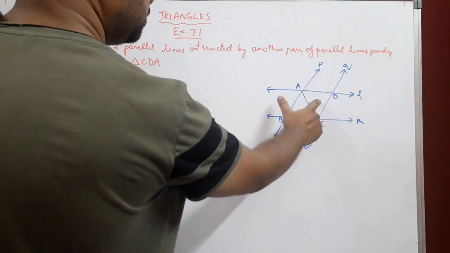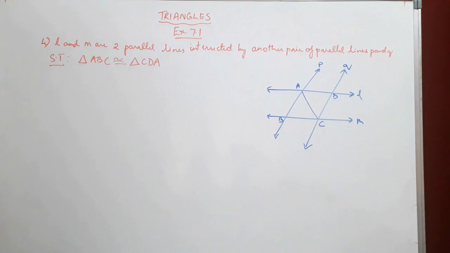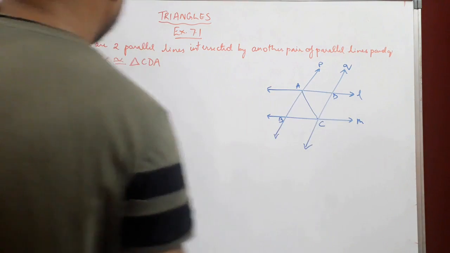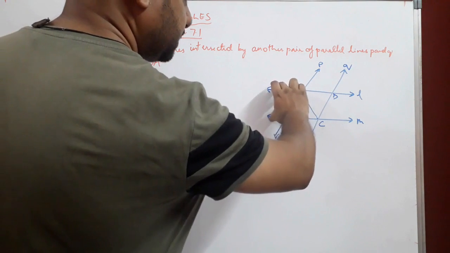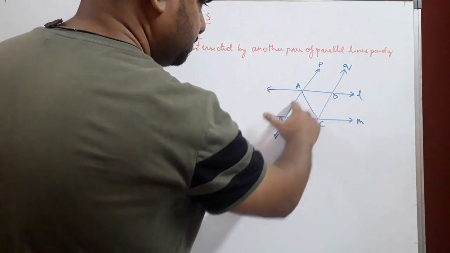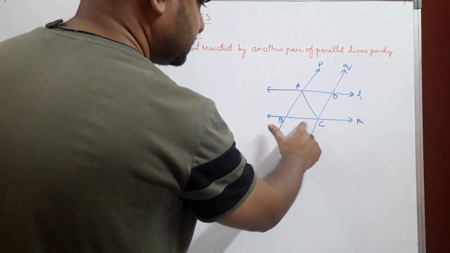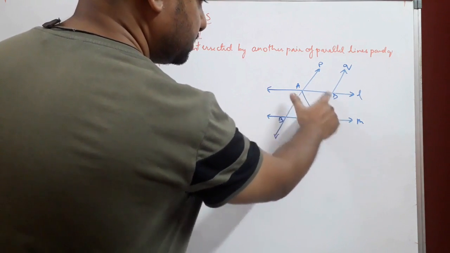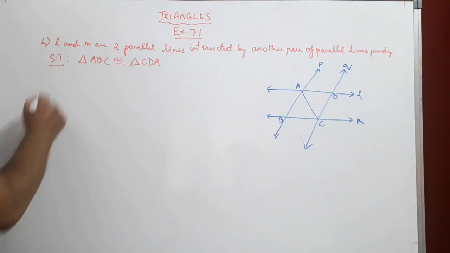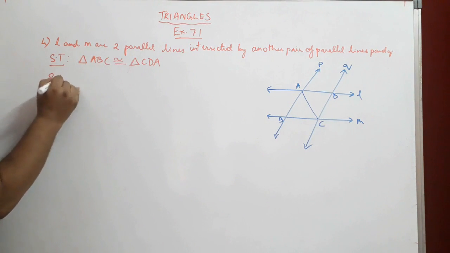So these two triangles need to be proved congruent. If we carefully look, there are these two parallel lines which are intersected by these two parallel lines. In between, this line is parallel to this and this line is also parallel to this, which means this forms a parallelogram.